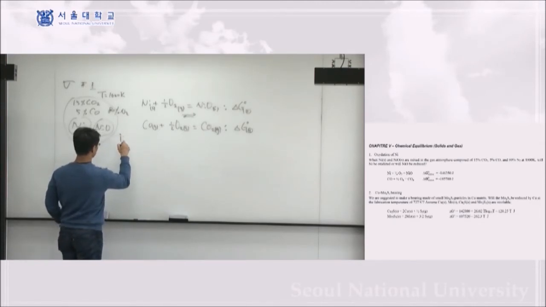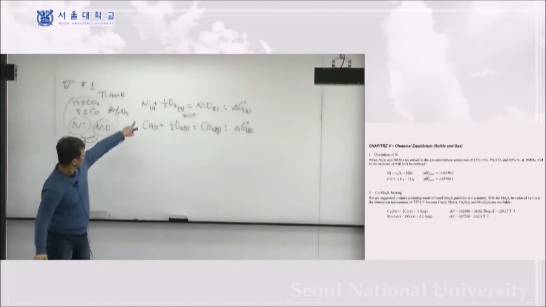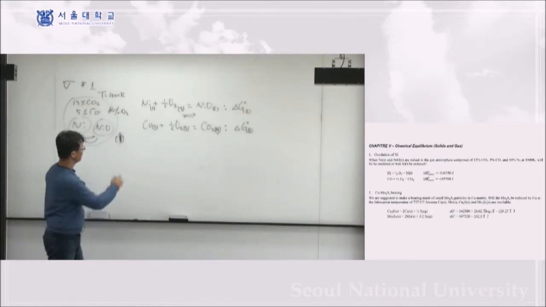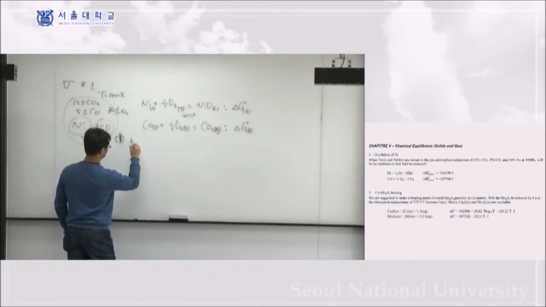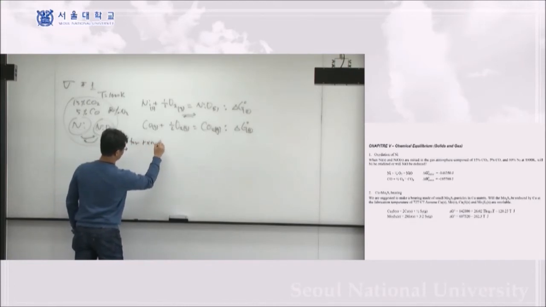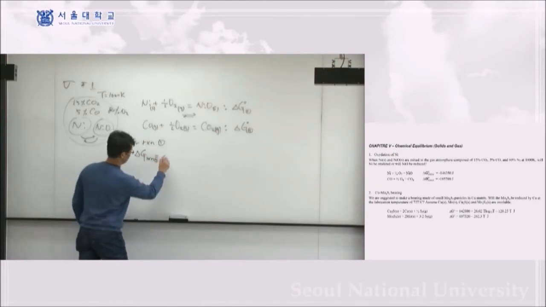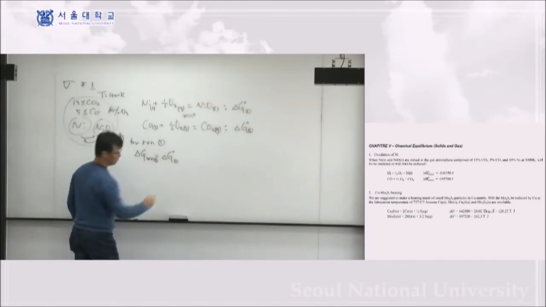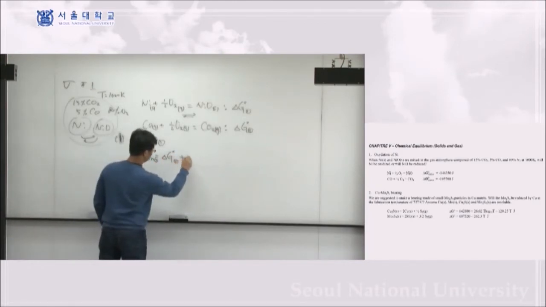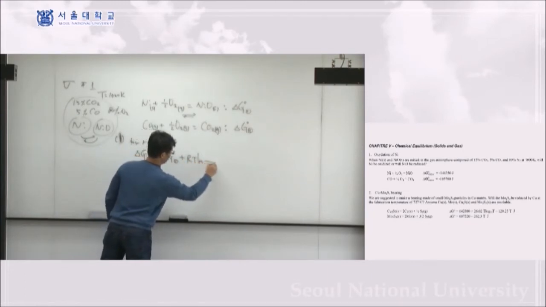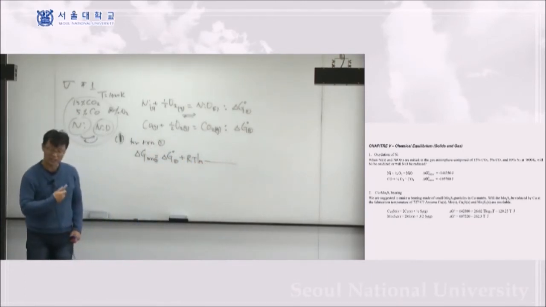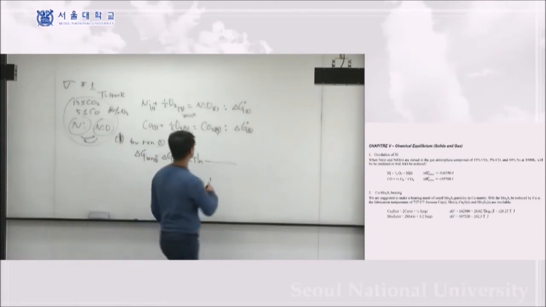So let's do it, first case. Let's do it step by step. So for reaction 1, if I write this down, delta G of reaction for reaction 1 equals delta G naught of reaction 1 plus RT ln of my current activities and partial pressure of the system.